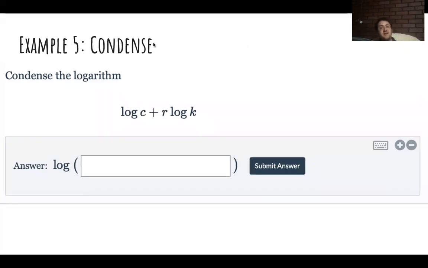All right, and in this one, this looks big and bad because you have a letter, but we are going to use the power rule again, just to make sure we have nothing in front. So I have log of c plus log of k to the r.